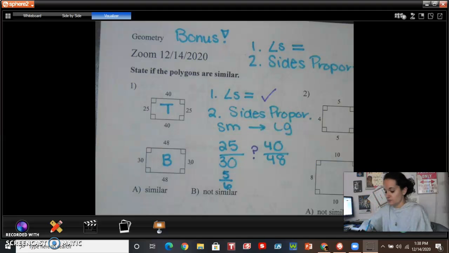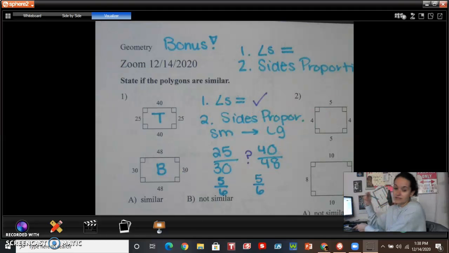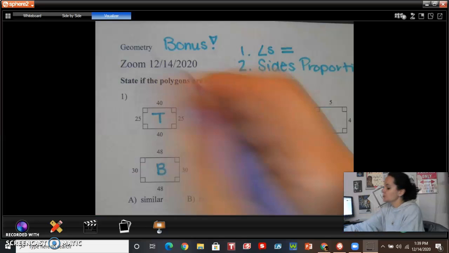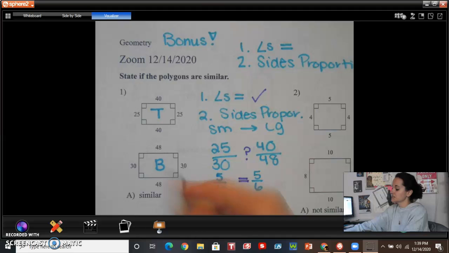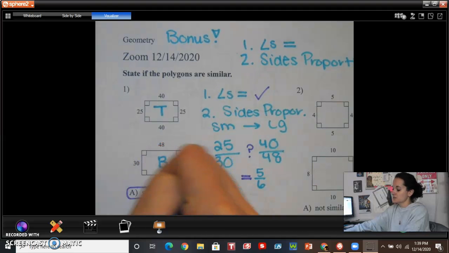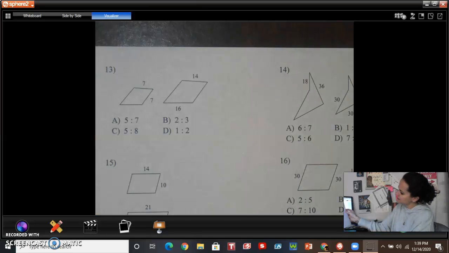And then if we do 40 over 48, we have 5 over 6. Are they the same? Yes. You can also do the decimals: 0.83333 repeating. Since these are equal and their angles are congruent, we can say that they are similar. And that's how you'll do the first 10 problems.